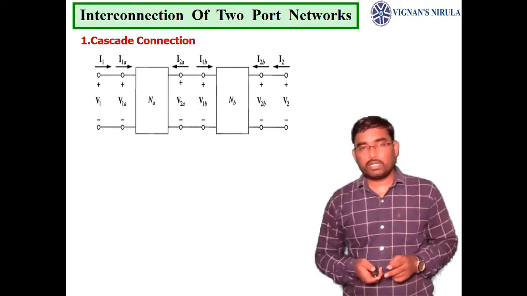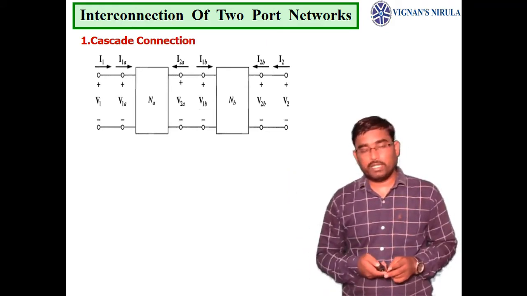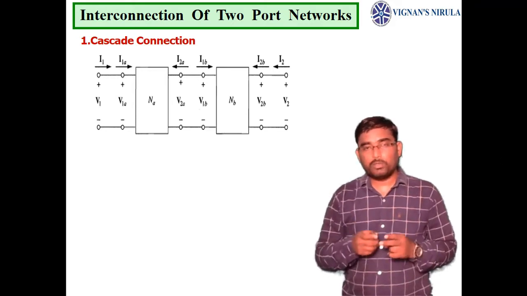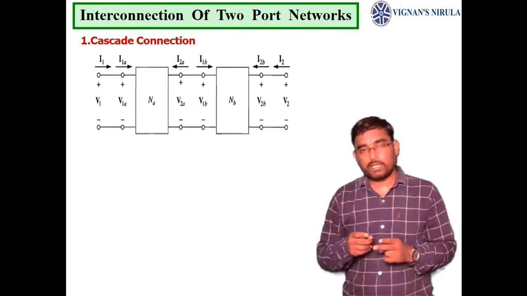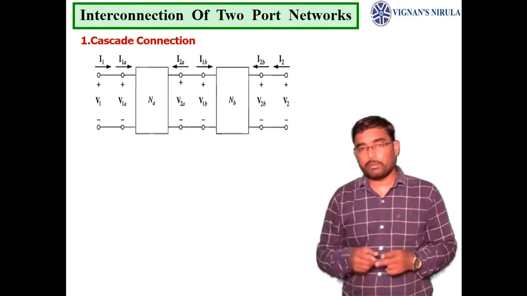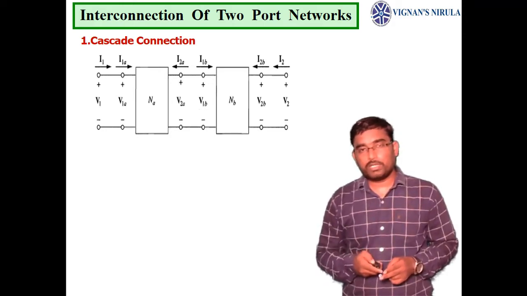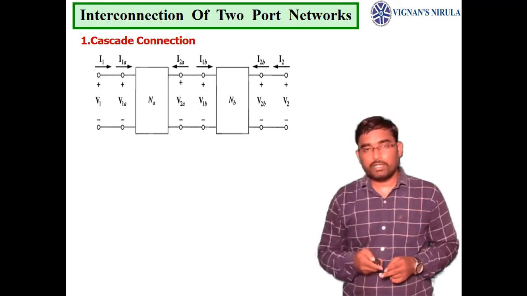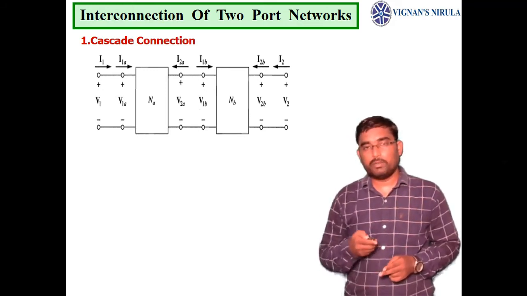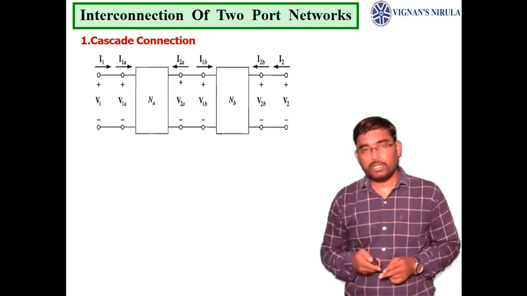So here we have two-port networks, network A, NA, and network B, NB. The output of the first two-port network NA is connected to the input of the second two-port network NB. The port 1 variables of network A are V1A, I1A, port 1 voltage and port 1 current, and the port 2 variables are V2A and I2A.